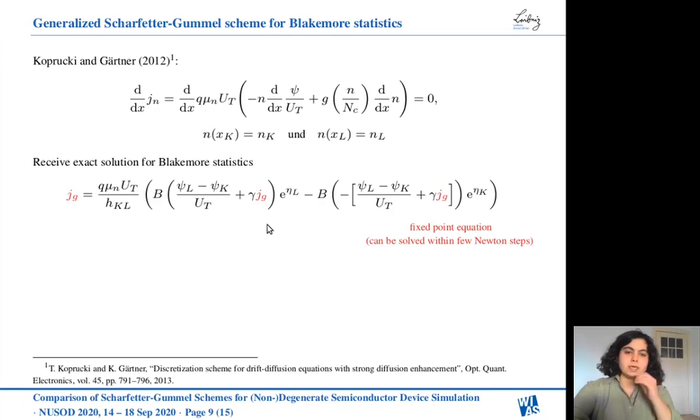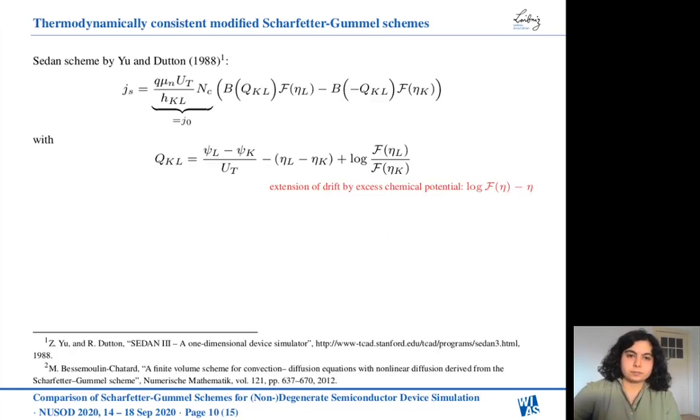But the problem here is that in some applications we need to avoid this increase of computational costs when applying a Newton solver, and hence computationally less expensive flux discretization schemes are needed as an alternative. Two such thermodynamically consistent modified Scharfetter-Gummel schemes will be introduced in the following.